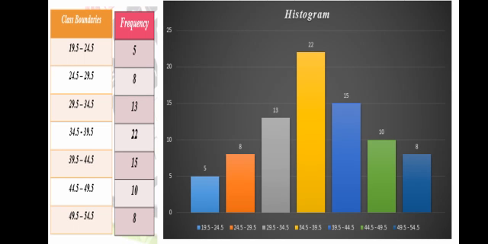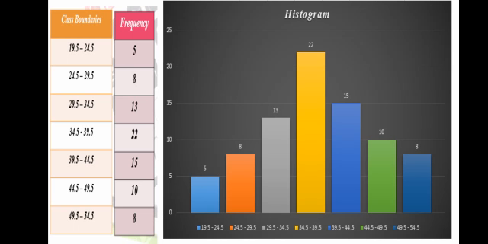Then 24.5 to 29.5 has frequency 8, and 8 lies between 5 and 10, so make a bar there and point out that this is frequency 8. Then the third row, 29.5 to 34.5, has frequency 13. Now 13 lies between 10 and 15, so this gray bar shows the frequency 13.